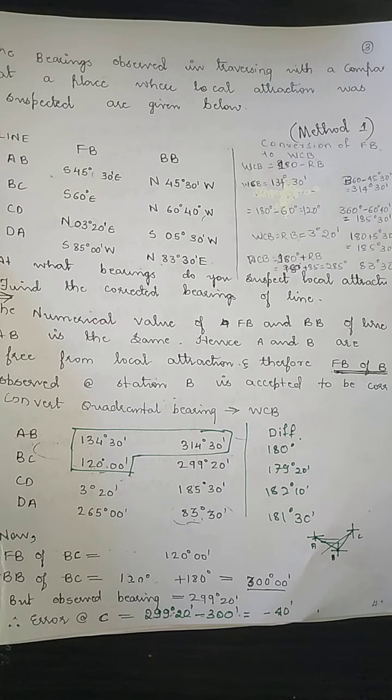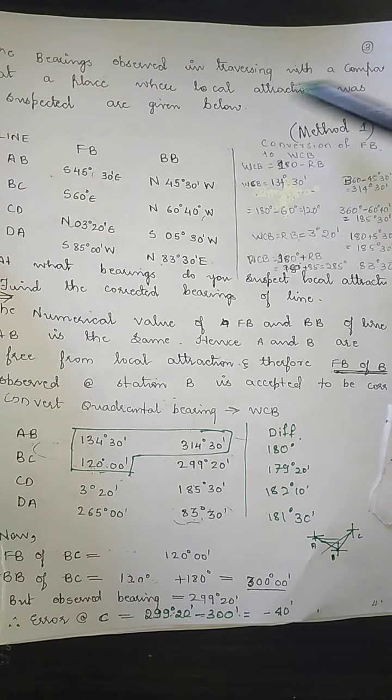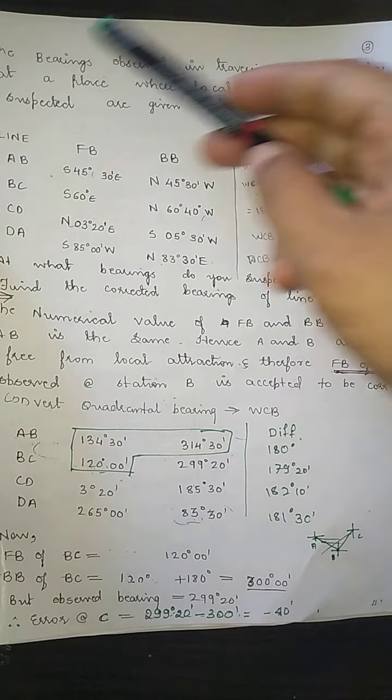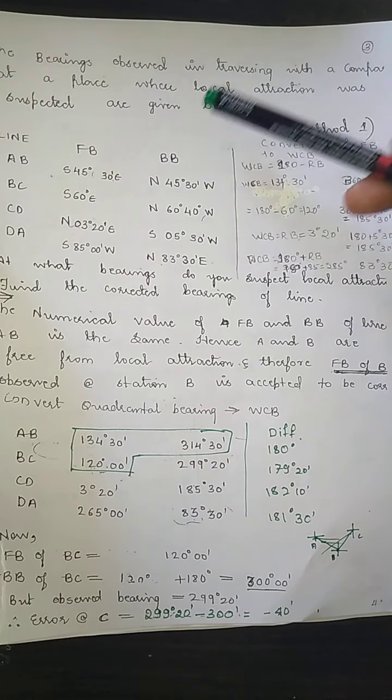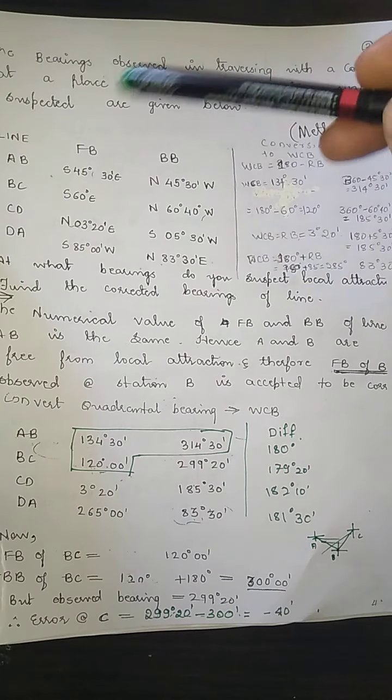Now here in this problem, the bearings observed in the traverse with the compass at a place where the local attraction was suspected are given below. Here we need to find out the corrected bearings where the local attraction has been suspected.